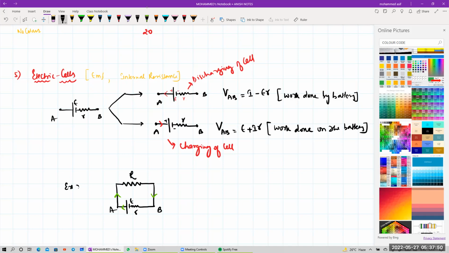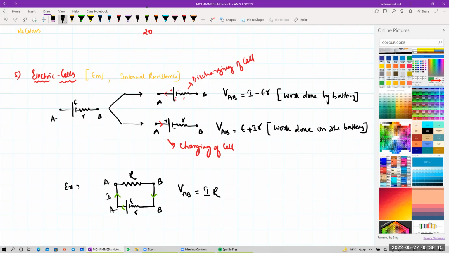Okay. Then tell me what will be the potential across A and B? Potential across A and B will be equal to... Is it charging or discharging? Discharging. This will be your discharging. So it will be equal to how much? Potential across A and B will be equal to total current I into your external resistance R. Here also A, here also B. What current is going through it? I. Ohm's law.